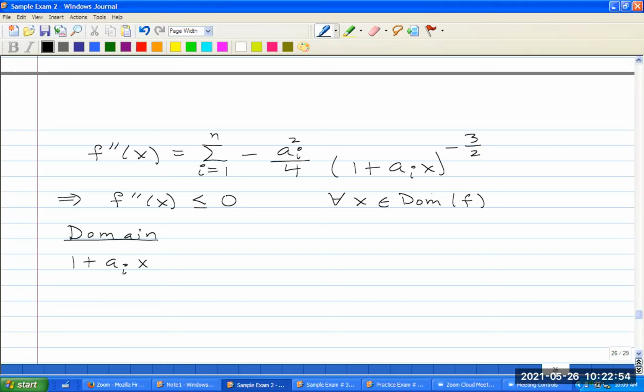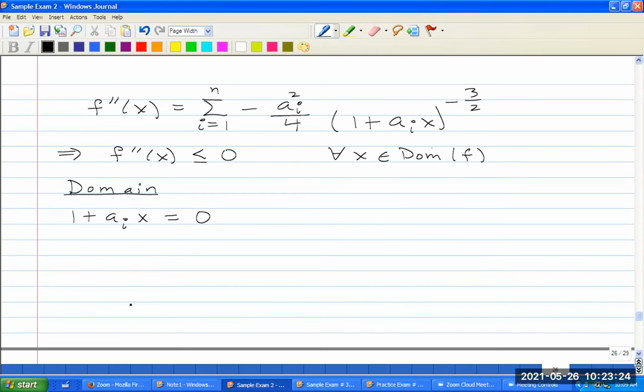So I want each of these, the 1 plus a sub i x's, I don't want any of these to be less than 0. Otherwise, I'll be taking the square root of a negative number. So let's figure out when it's equal to 0. So x is equal to negative 1 over a sub i.